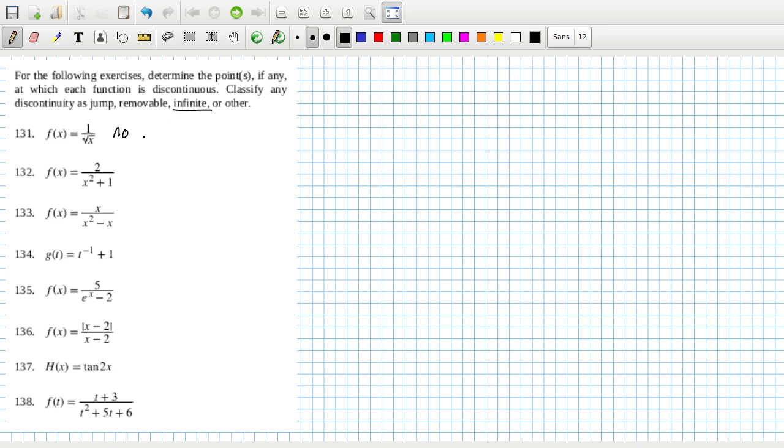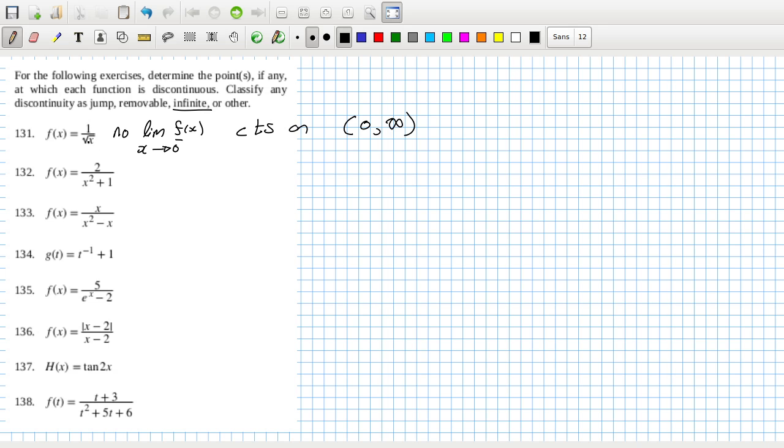There's no limit as x tends to 0 from the left for f of x. So it's actually continuous on the domain 0 to infinity. So it's not infinite here.